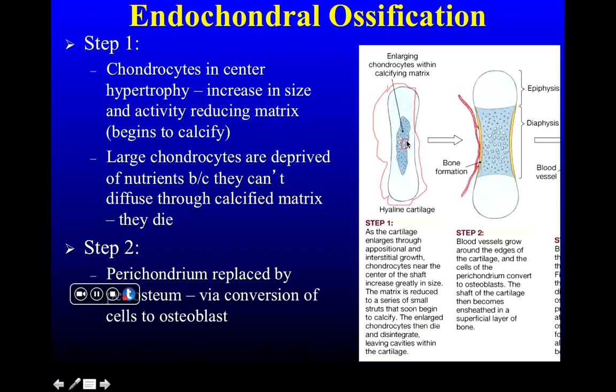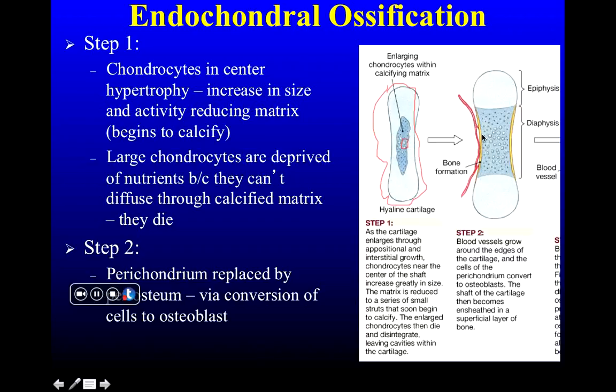In fact, they get so large that some of them even rupture. And when they rupture, they leave behind a cavity, right? There's no longer cartilage in there. So that's the first step, is that these chondrocytes in the center of the cartilage frame enlarge and they die.